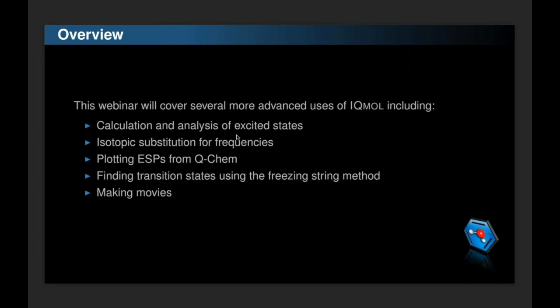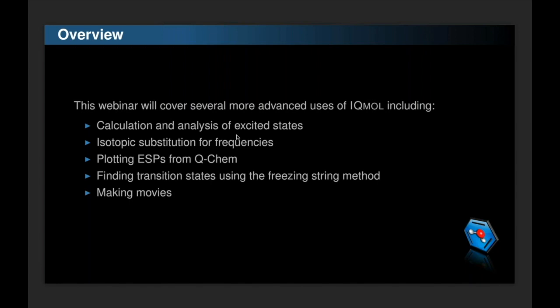We're going to look at plotting some electrostatic potentials from Q-Chem, both using point charges and using the cube file generated from Q-Chem. And then we're going to move on to looking at some transition states, and we'll be attempting to find a transition state using what's known as the freezing string method, and I'll go over a little bit about what that involves.